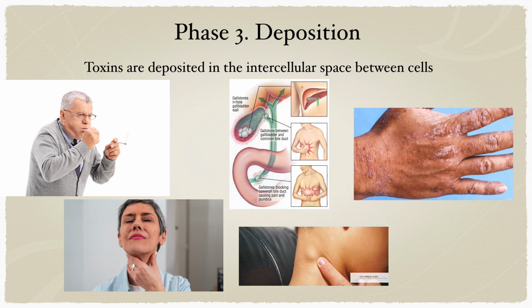So all these signs are showing us that the body wants to get rid of toxins, and we're now going into the deposition phase, where the toxins are deposited in the intracellular spaces between the cells. They're not actually impregnating them, but they're again going deeper into our system. So you could have more dermatitis, skin issues that are a lot more serious and more painful.